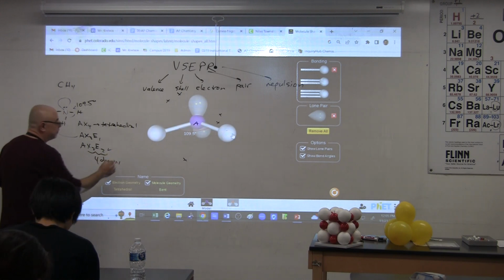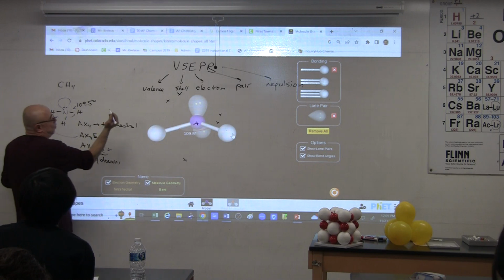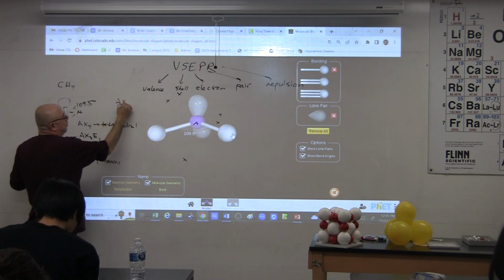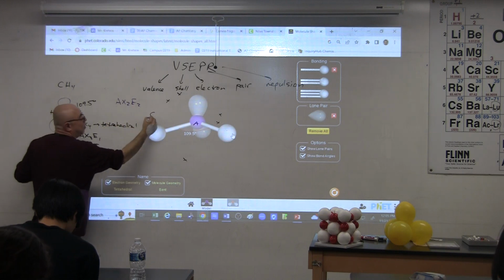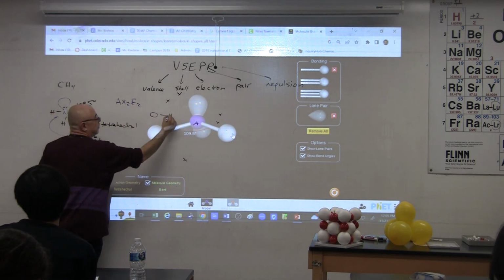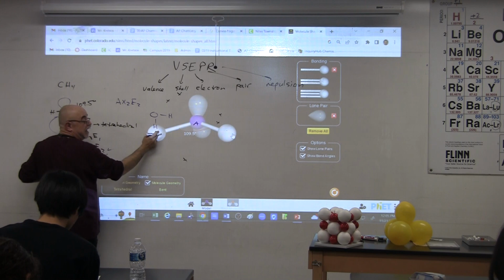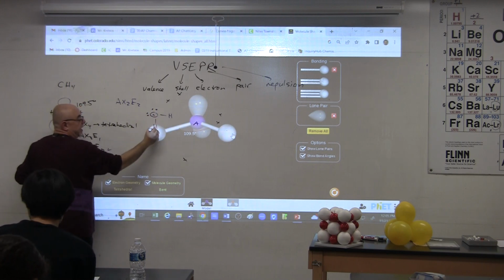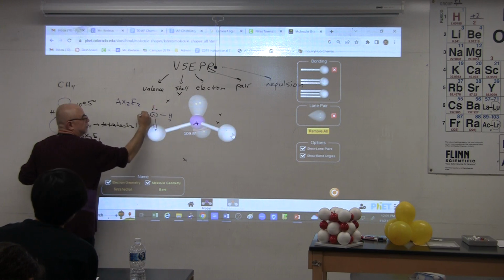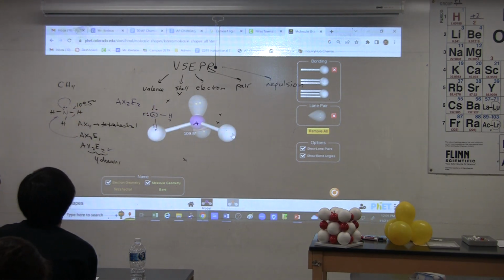So now we're doing this one, and the classic example is water. AX2E2 is the classic example of water, because look at what water is. The Lewis structure has two attachments of hydrogen to oxygen and two lone pairs. AX2E2. And what it does is it creates another type of bent molecule.